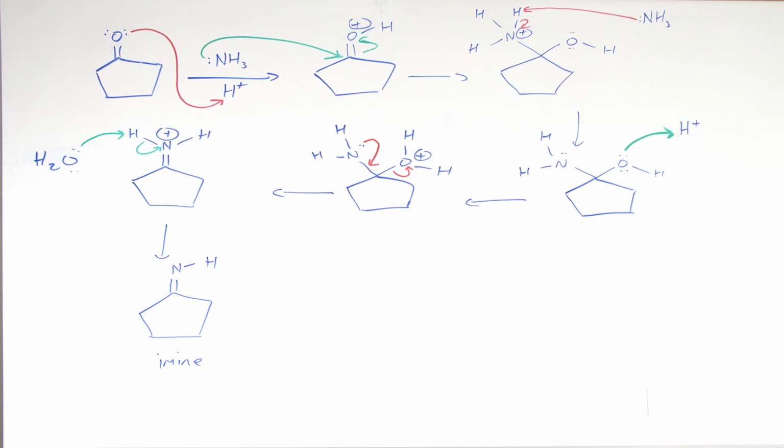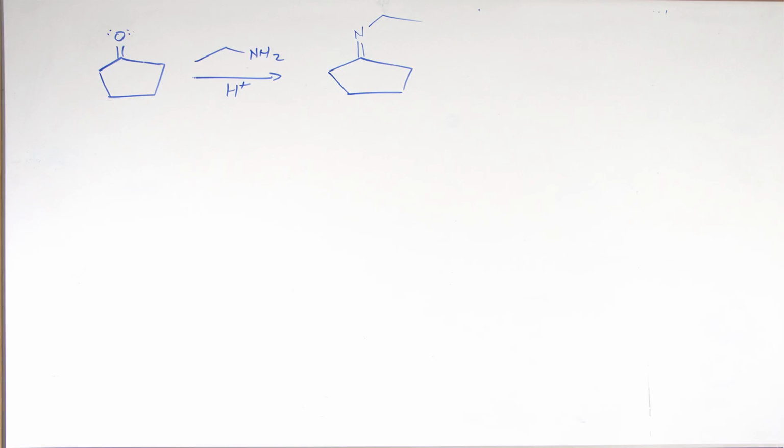What if I replace two of them? If I did the same reaction setup with, just make it simple, ethylamine, I would end up eventually with a substituted imine, like that.